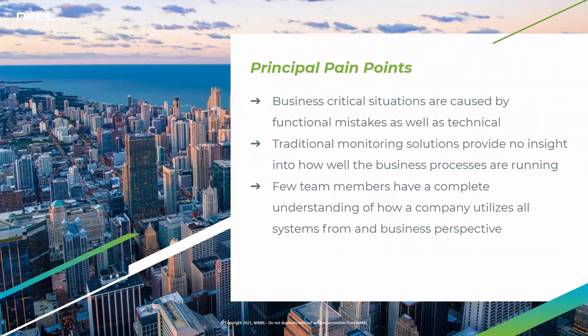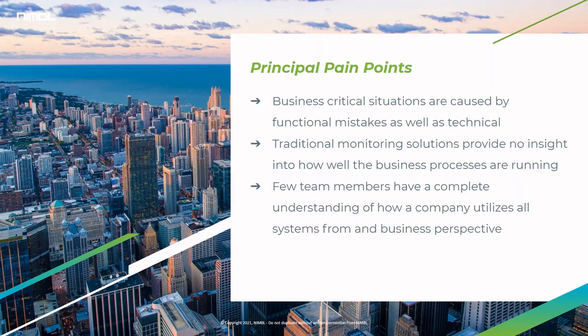So some of the principal pain points business process monitoring is going to help you avoid, right, is really allowing you to monitor for those critical situations, both technical and functional. So all of those application operations tools, all of those KPIs, all of those alerts that are there can also be consumed by business process monitoring.